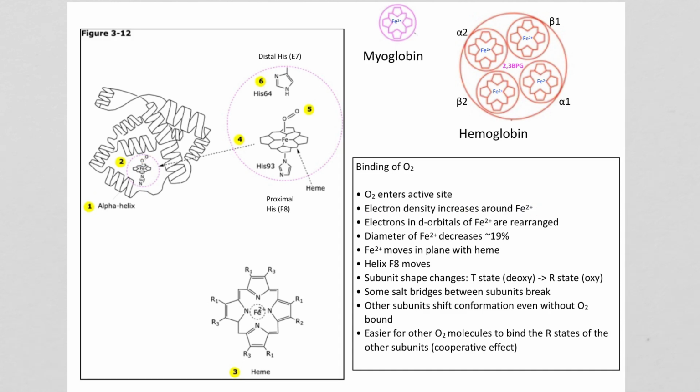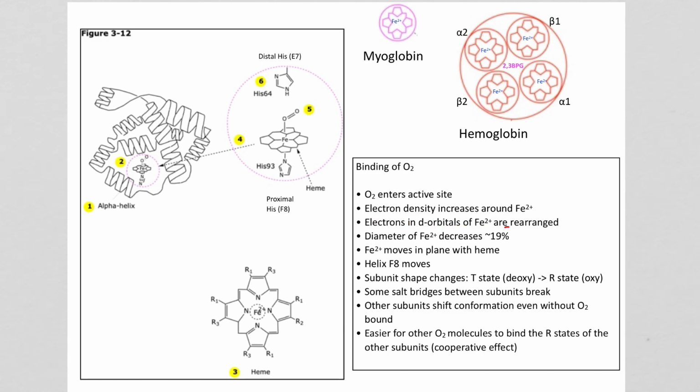This increase in electron density around the iron atom causes a rearrangement of the electrons in the d orbitals of iron. Remember, there are 5 d orbitals. So these electrons that are present in the d orbitals of iron, due to the increased electron density, become rearranged.